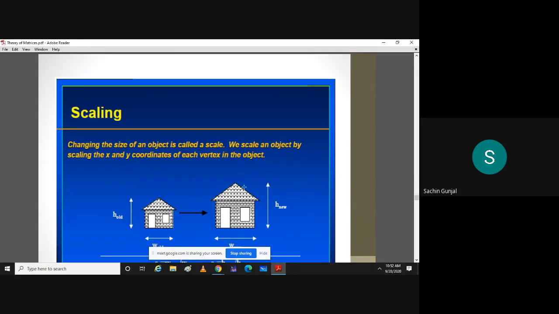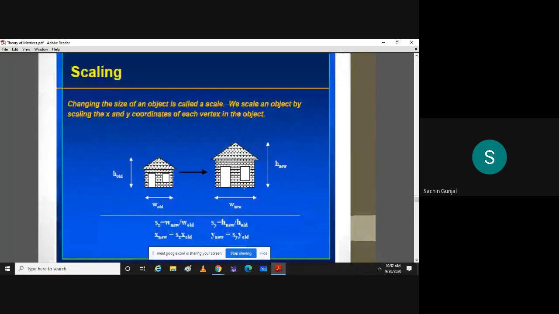Then second that we have seen is scaling of a vector. You multiply by some factor, sx comma sy, to a given vector x old and y old, and you will get the x new and y new vector, which will resize your object or your vector.